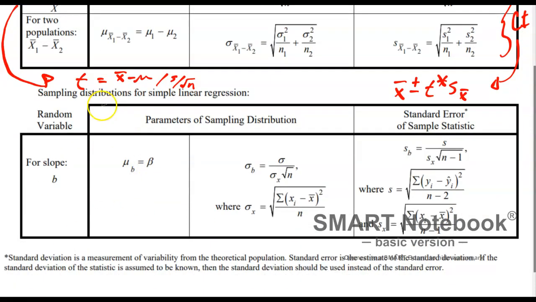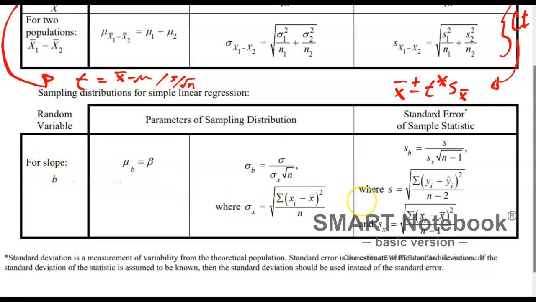This third part in this section is sampling distributions for simple linear regression. We ran out of time, but it's comfortable context for us. It's just regarding slope b.